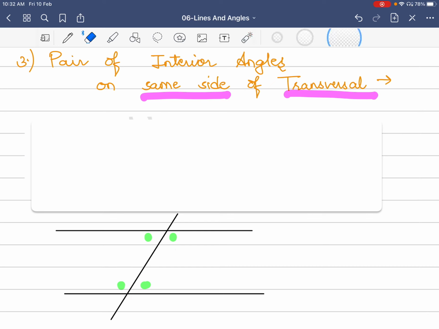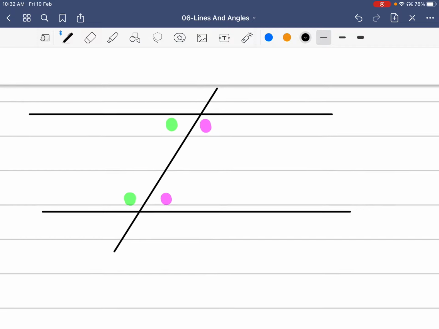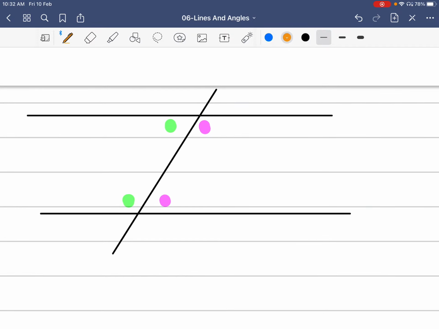In fact, let's use a different color to highlight them now. So I'm going to just mark these two and these two. So let's zoom in and give some numbers. So let's say this is angle 1, angle 2, angle 3, angle 4. Okay.